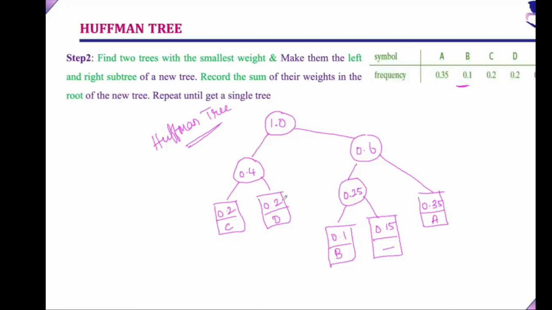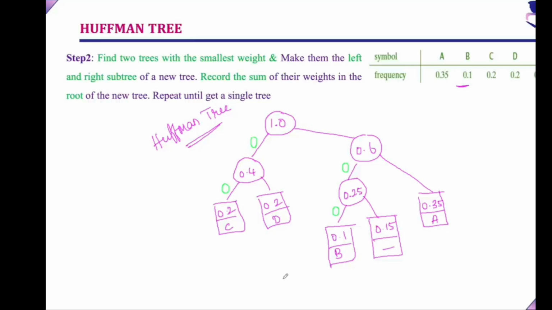And how we are going to implement Huffman code in the sense, the left leg, that is the left subtree, everything we have to mark it as 0. Whatever the left subtree or left node that is there, that we have to mark it as 0. So every left subtree in all levels, we have to mark it as 0.